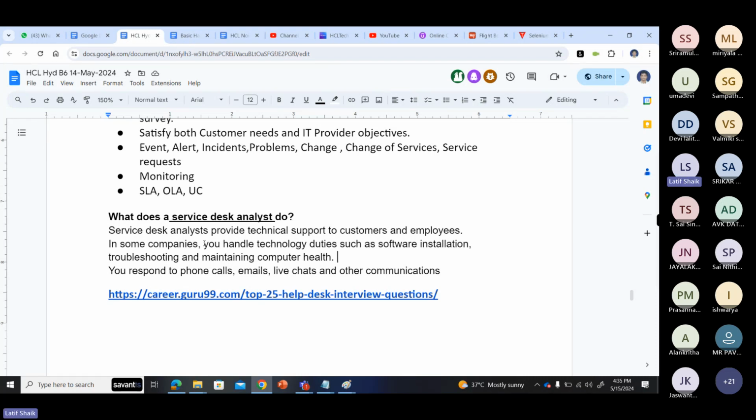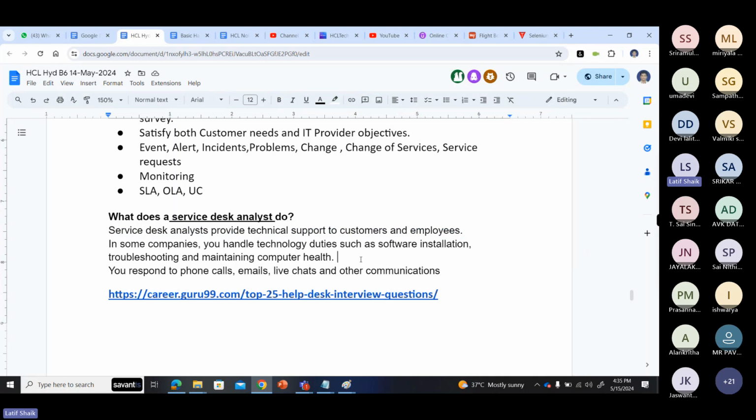In some companies, you handle technical duties such as software installation, troubleshooting, and maintenance of computer health, responding based on telephone calls, email, live chats, and other communication. It's a general definition. Technical service desk analysts provide technical support to customers and employees, both external customers and internal employees.